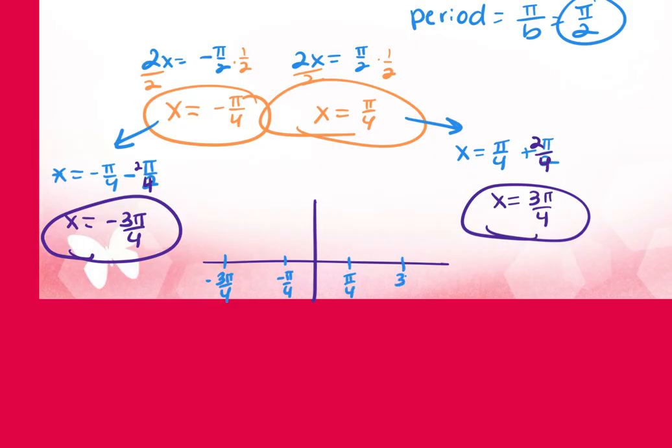And then positive 3 pi over 4. So if you arrange it the way that we did, if you find your middle 2, from the one on the left you subtract, from the one on the right you add, then it will match, like literally horizontally on your graph. So all these points represent your vertical asymptotes.